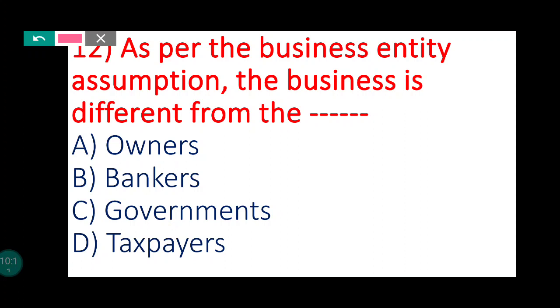Business account is different from owner's personal account. We record in the books of account transactions of the business only and not that of the person who owns the business. So as per this assumption, the business is different from owner.